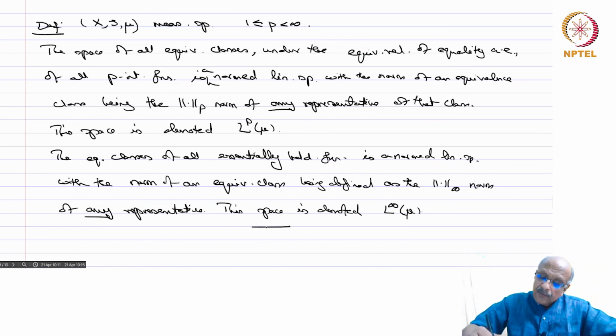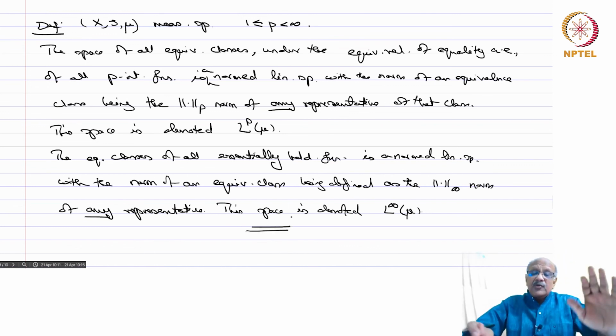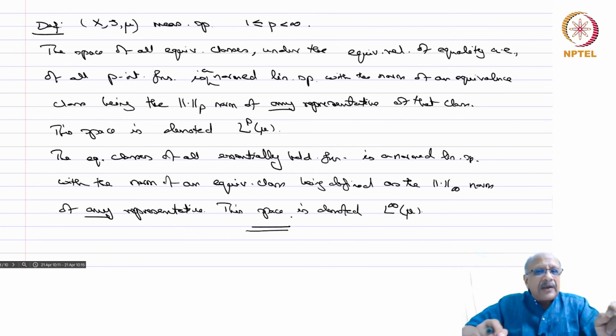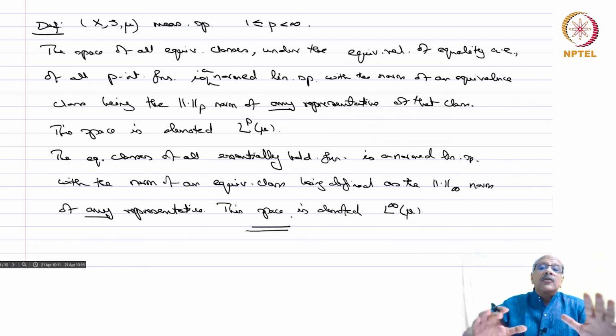So we are talking of equivalence classes, but actually we will be working with a representative of every equivalence class. So whenever we say L^p function, what we are really talking of is not a function but an equivalence class of functions, but all the functions in the same equivalence class are equal to each other almost everywhere. So in any computation you do, especially integration related computations, it doesn't matter which representative you take, because if two functions are equal almost everywhere, then the integrals are preserved.